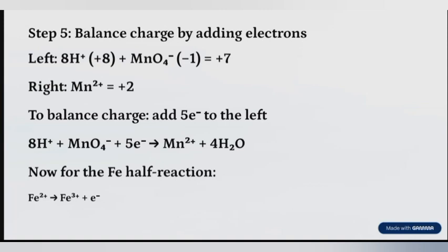It means that the whole of MnO4 is equal to -1. So on this end, we have 8H plus. H is positively charged, so 8 times plus 1 gives us 8.